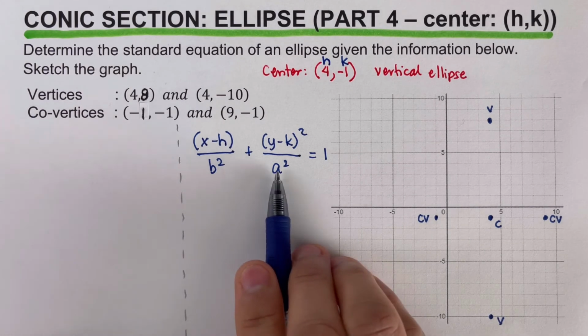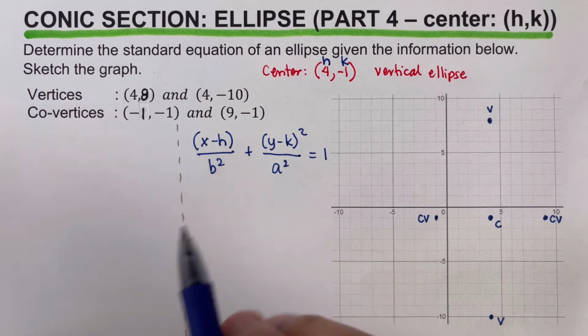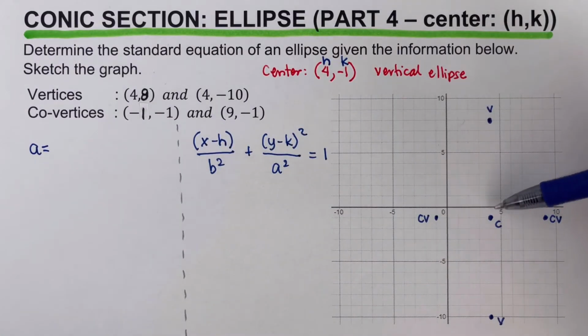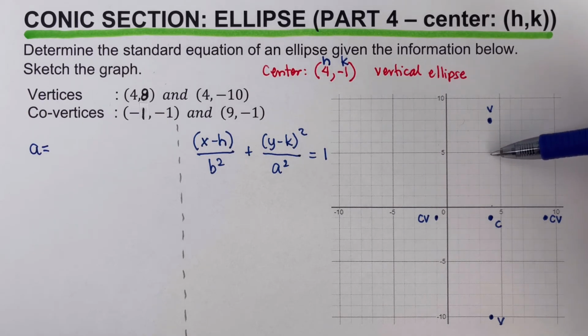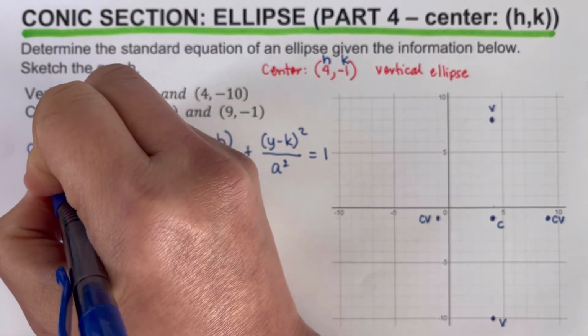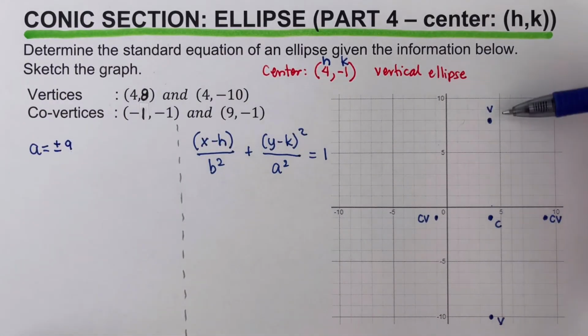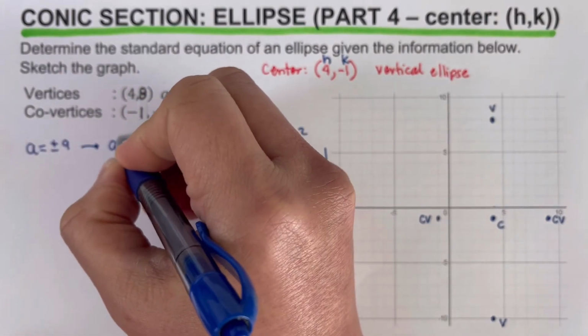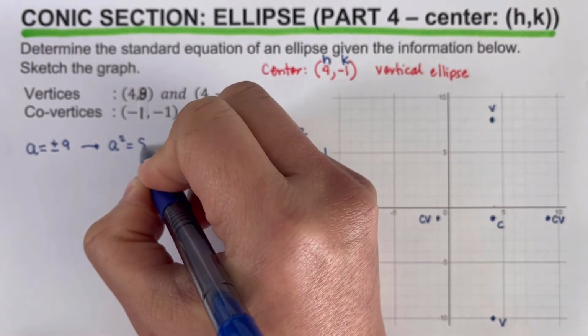Remember that a is the distance from the center to the vertex. So counting this, 1, 2, 3, 4, 5, 6, 7, 8, 9. So our a is plus minus 9. That means we go up 9 and we go down 9. This tells us that our a squared is equal to 81.